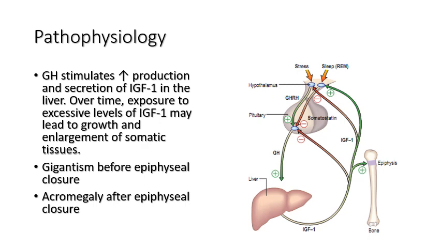At this time there will be the presentation of gigantism. While if the growth hormone secreting adenoma develops later on, after the closure of the epiphysis of the bone, which is the usual and common presentation, it results in the commonest presentation of the GH secreting adenoma, which is acromegaly.